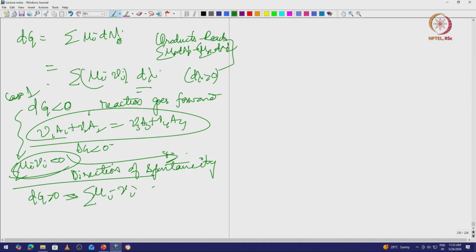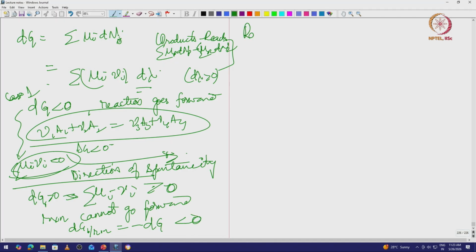and if that is greater than 0, right, then the reaction cannot go forward, or in other words dg of the backward reaction, which is equal to minus dg of the forward reaction, is negative.